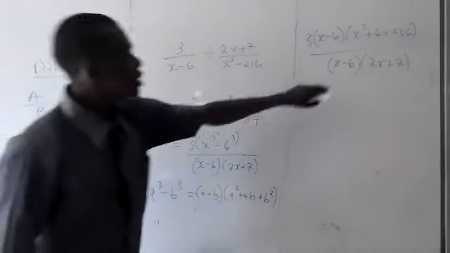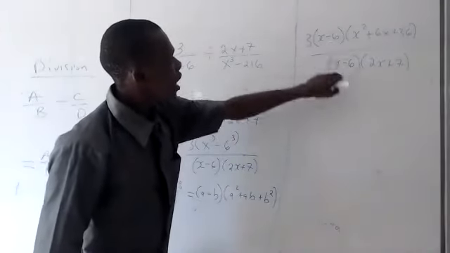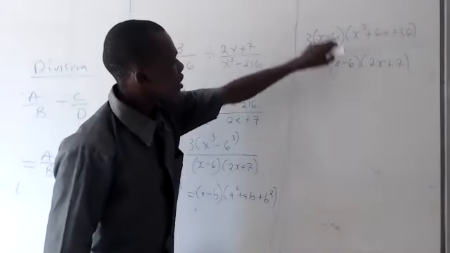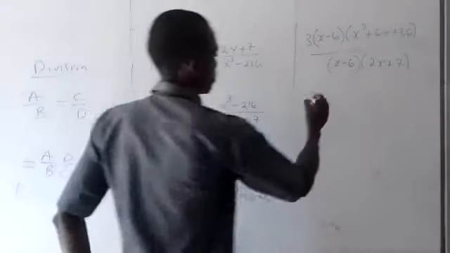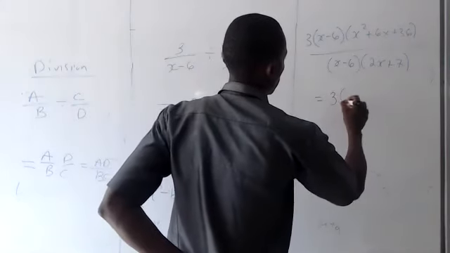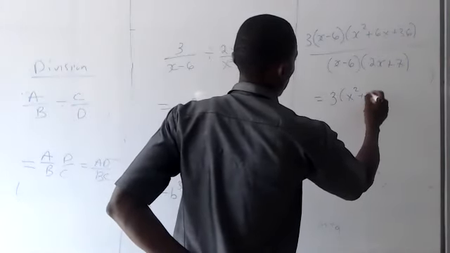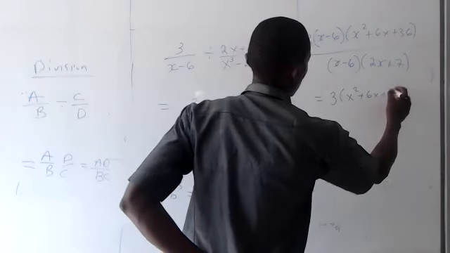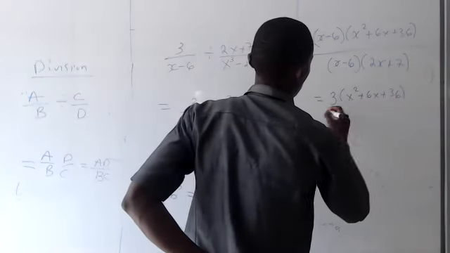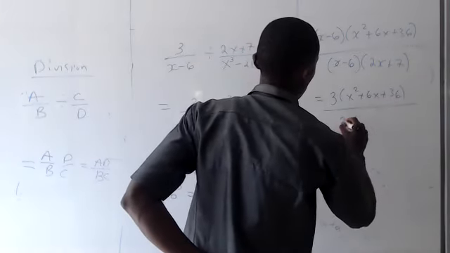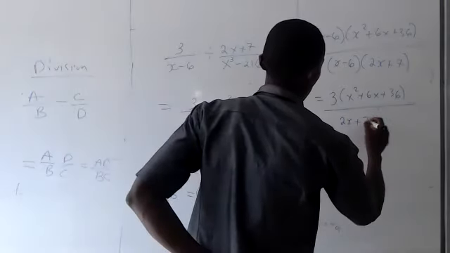Then at this stage, you could cancel these common terms and end up with 3 into x squared plus 6x plus 36 divided by 2x plus 7.